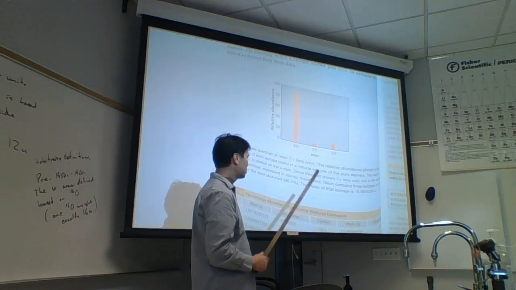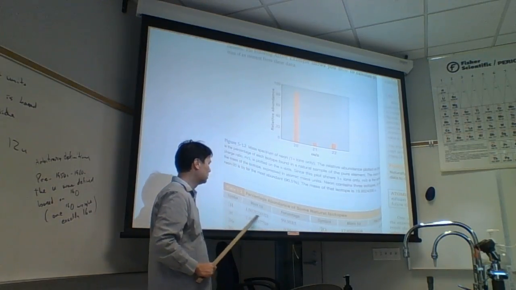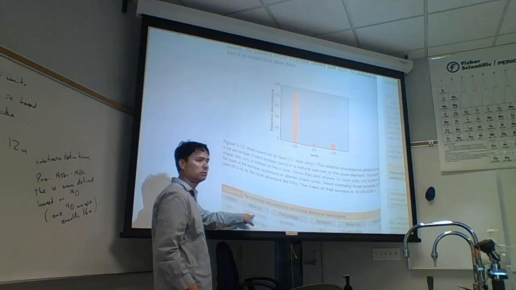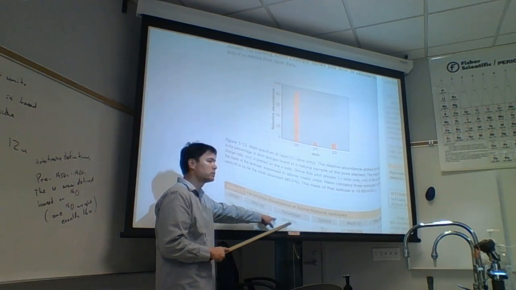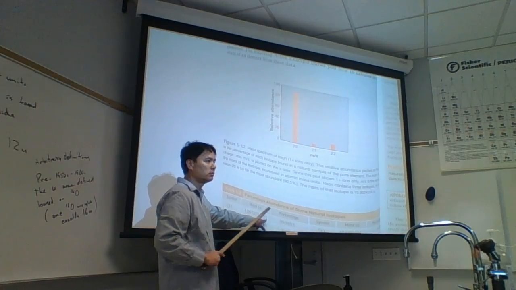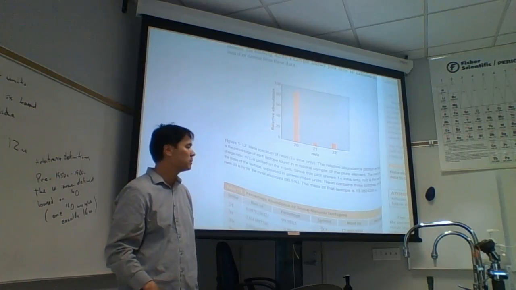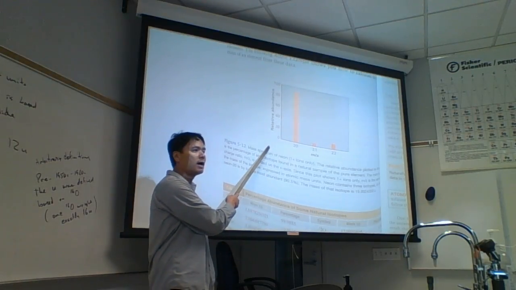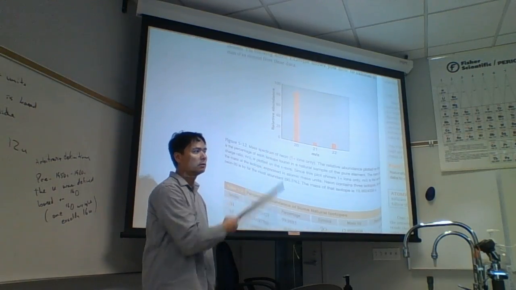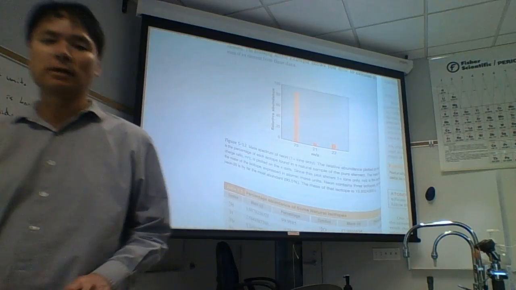We get the mass to a high degree of precision and accuracy, and we get the percentage. And so this table was generated from the data collected from a mass spectrum. The mass spectrum was obtained from the mass spectrometer. All right, I'll stop here. Let's take a break.